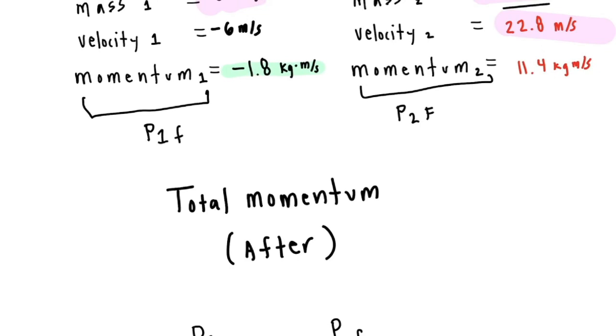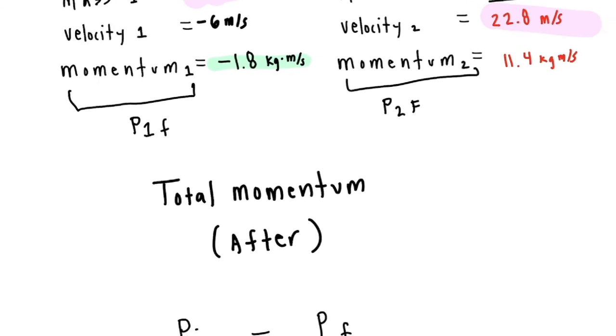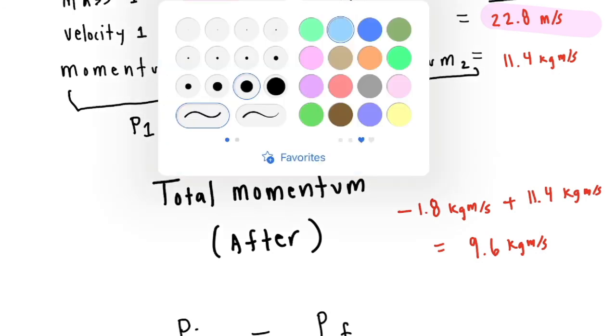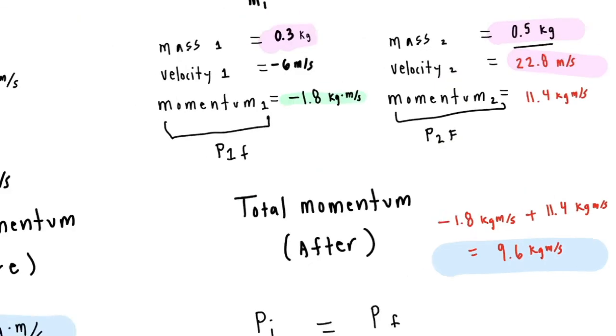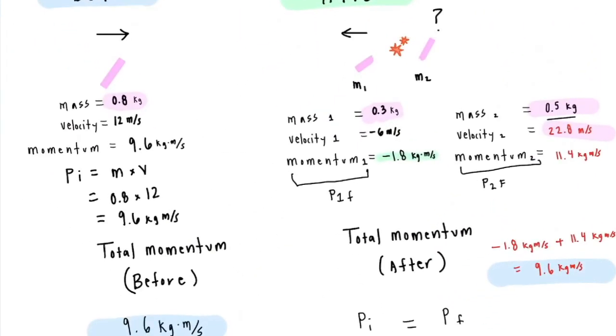And if we calculate the total momentum after for those two things, we would get negative 1.8 kilogram meters per second plus 11.4 kilogram meters per second, which is equal to, oh, I mean in green, whoops.